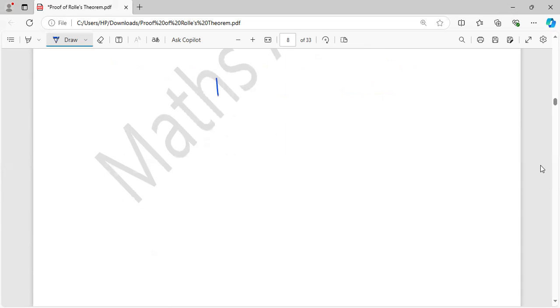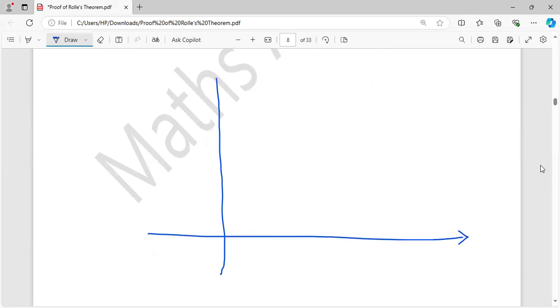So we have this coordinate system x, y. There is a closed interval [a, b], and we have the same functional value at both the points, and the function is continuous and differentiable on the open interval (a, b). So the function will look something like that.